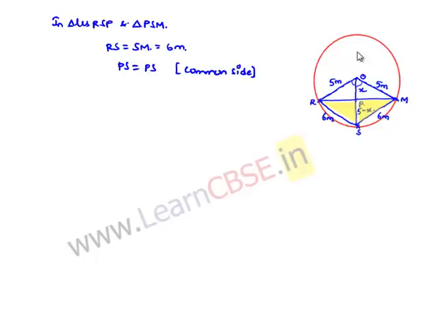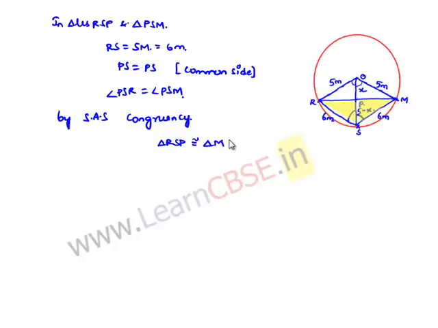And also the angle subtended by OM at this point S will be equal to the angle subtended by OR at this point, since they are the radii of the circle. Angle PSR is equal to angle PSM. Now by the SAS property of congruency we can say both the triangles are congruent, that is triangle RSP is congruent to triangle MSP.